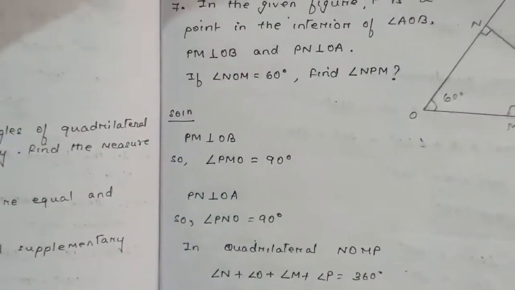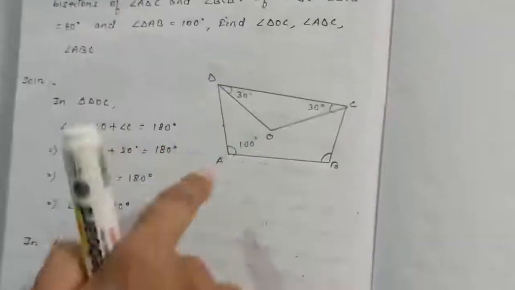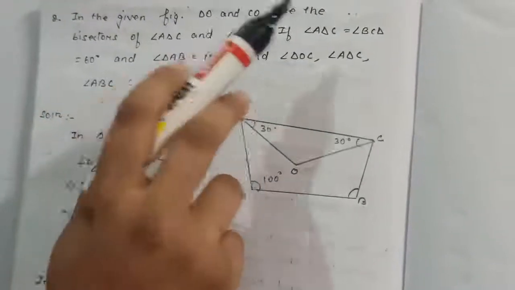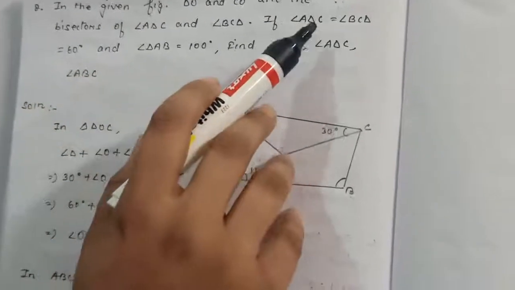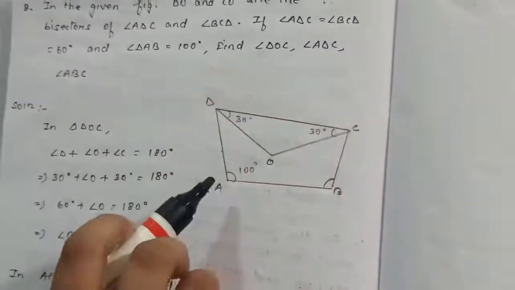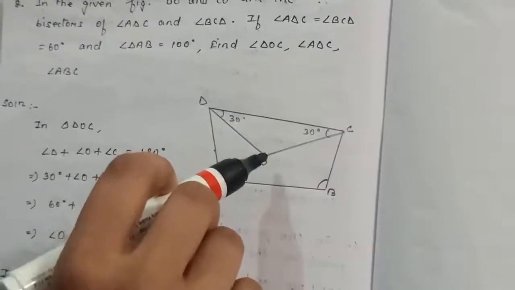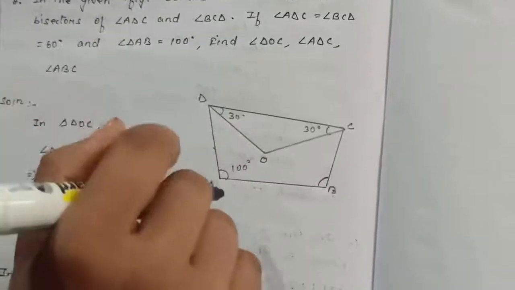Okay. Now coming to the last question of your exercise, a figure is given. In the given figure, DO and CO are the bisectors of angle ADC and angle BCD. If angle ADC is equal to 60 degrees. Now you see, since DO is the bisector, a bisector divides an angle into two equal parts.